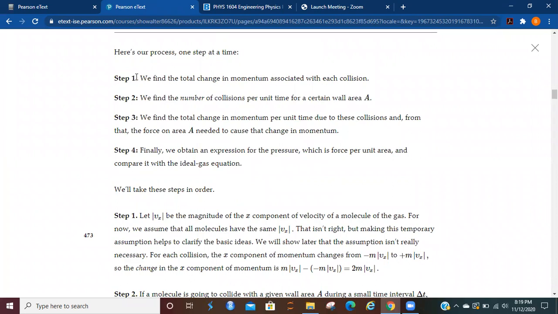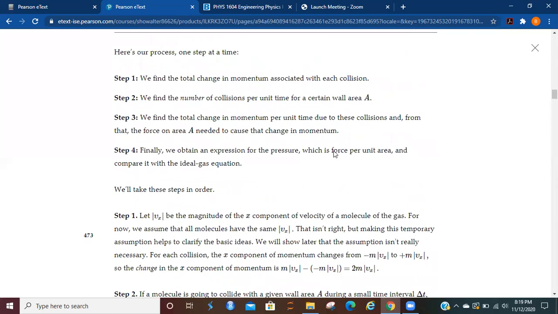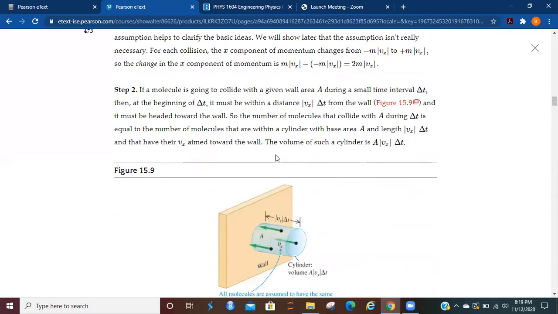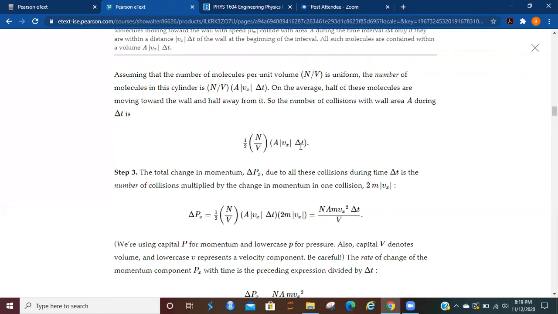So the process is to find the total change in momentum associated with each collision, which, as you go through and do that, this is what you discover. Then you find the number of collisions per unit time for a certain area. When you do that, here's a very lengthy argument about how that comes about. So the number of collisions with wall area A during delta t is going to end up being this.